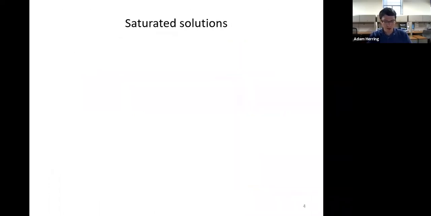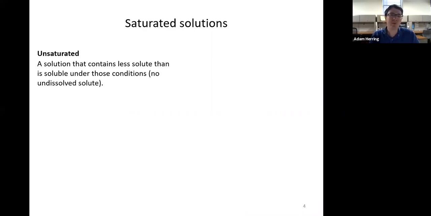Let's now talk about saturated, supersaturated, and unsaturated solutions. So as I just mentioned, solubility is the maximum amount of a substance that can dissolve under a given set of conditions. Well, what if you dissolve less than the maximum amount? In that case, we would say that the solution is unsaturated.